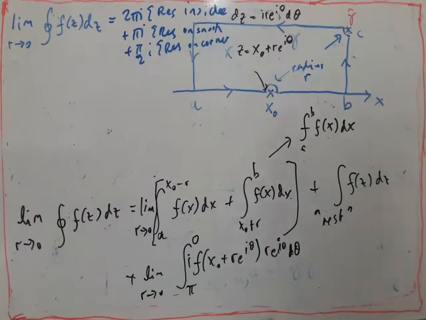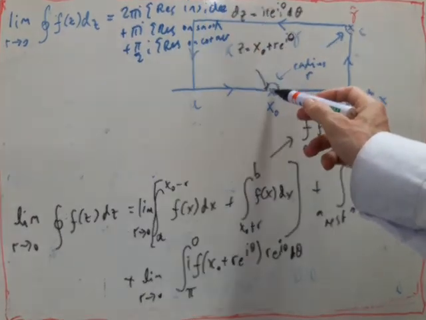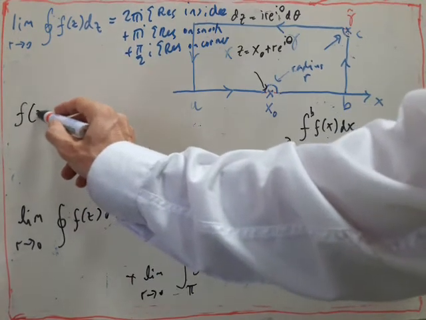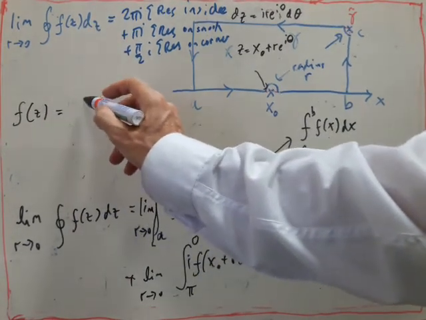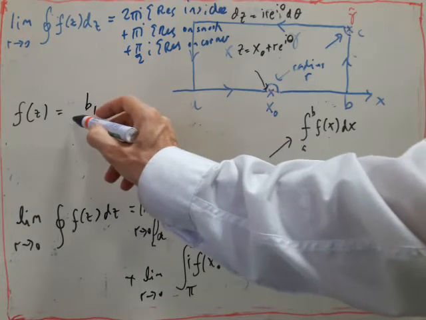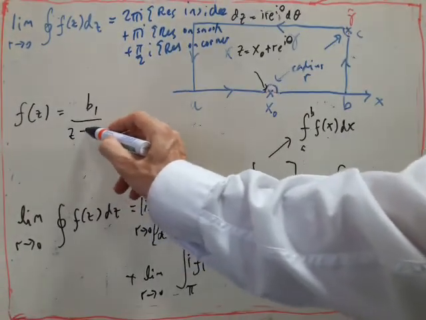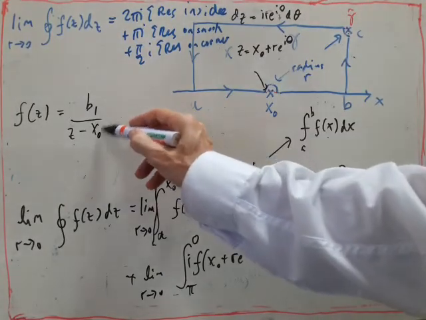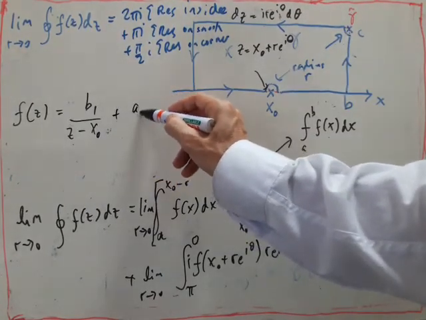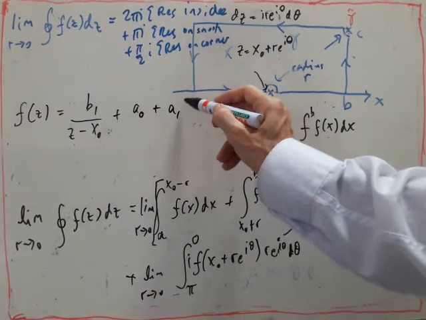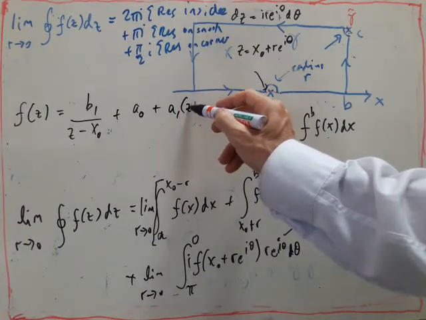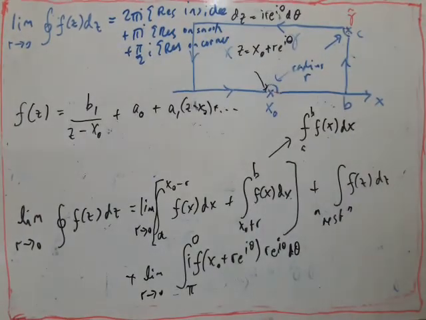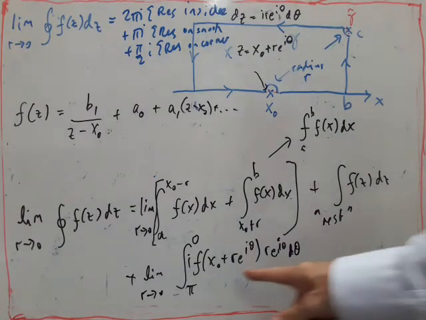Now recall that if I've got a singularity at x naught, it means that I can write f of z as a simple pole. I just assume it's a simple pole. So b1 over z minus x naught, plus a naught plus, and then the Taylor series, plus etc. Okay, so I'm going to use this result in here.